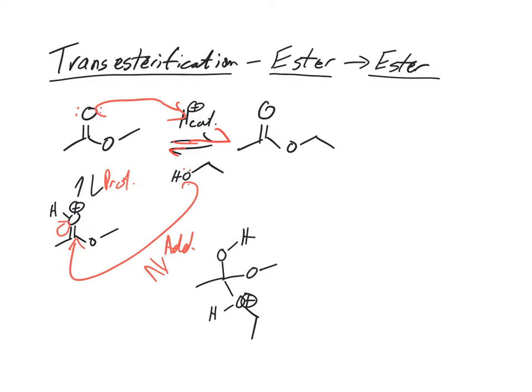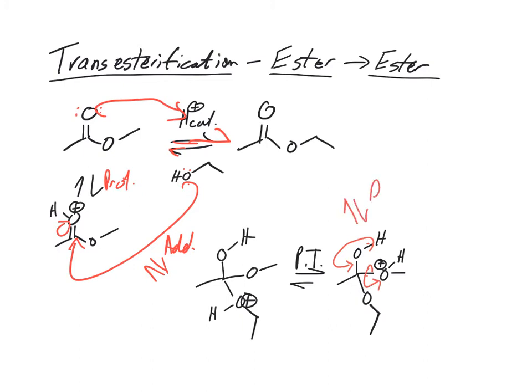At this point we need to do a proton transfer, because we want to get rid of this piece, which is what's going to fall off. But right now this is not the best leaving group. So to do that, simply move the hydrogen around, balancing our charges. Very good. Last step can be that deprotonation and elimination at the same time.